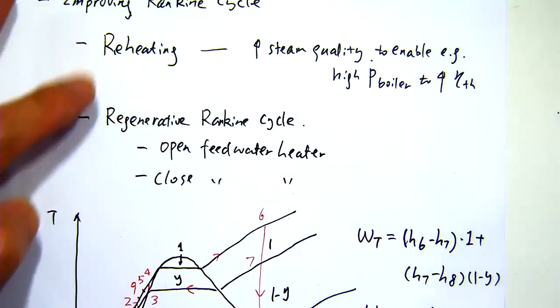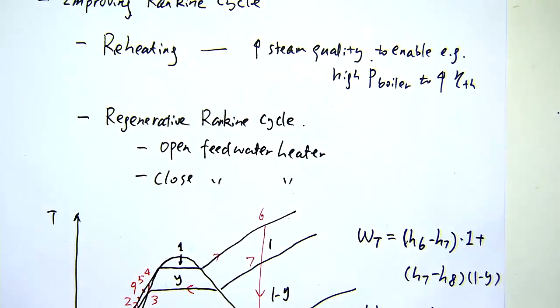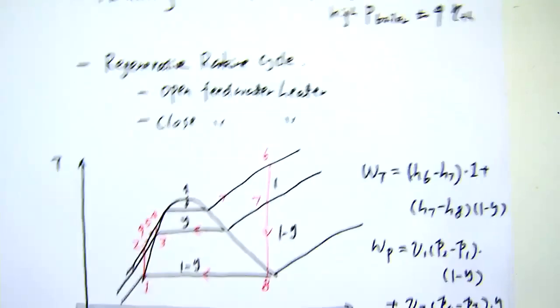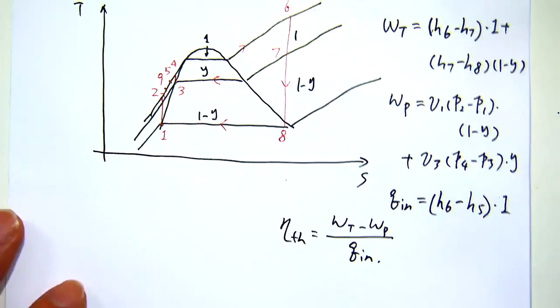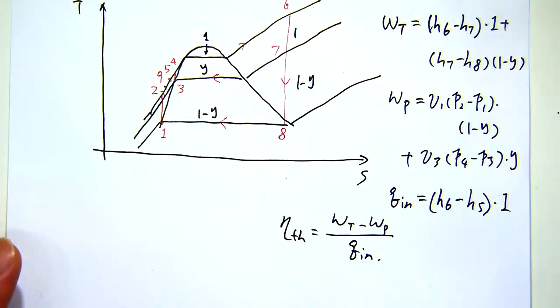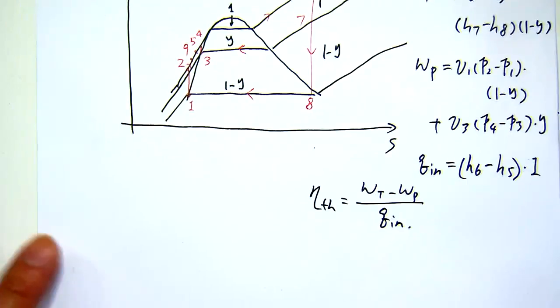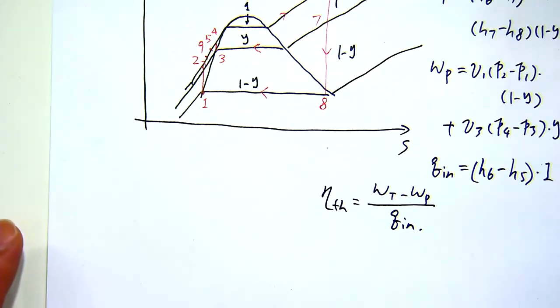So reheating and regenerative Rankine cycles. So what I'm going to discuss next is, other than modifying the basic Rankine cycle, you can combine the Rankine cycle or the steam power with other energy processes. And this can give you better utilization of the energy. So that's also commonly used.